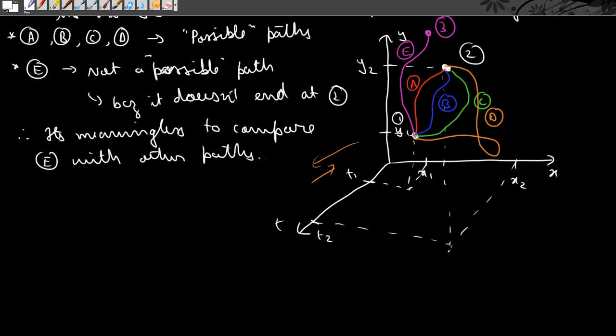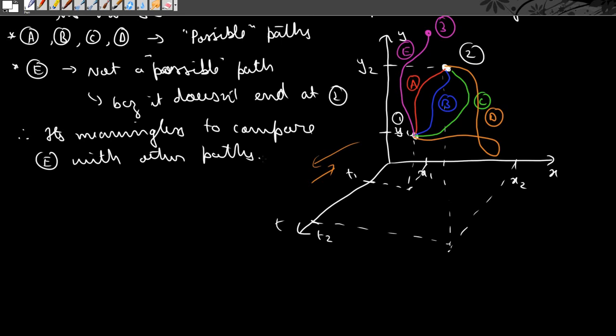The system doesn't take the path E. And when we said Hamilton's principle chooses the path where the action is the least or minimum, then it may so happen that the action corresponding to E is the least as compared to the action corresponding to A, B, C and D. But that doesn't mean that E is the correct path, because it's not a possible path first of all. So that is what I mean by we cannot compare the path E with paths A, B, C and D.